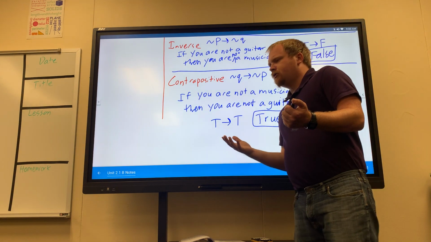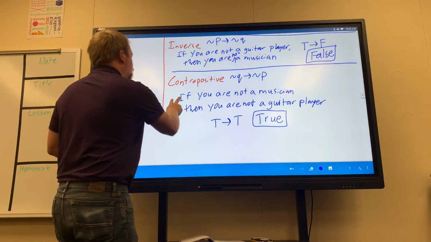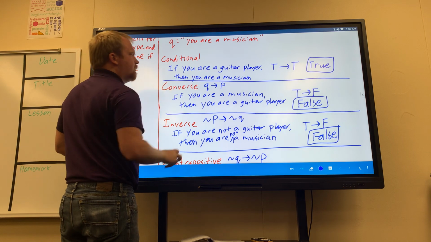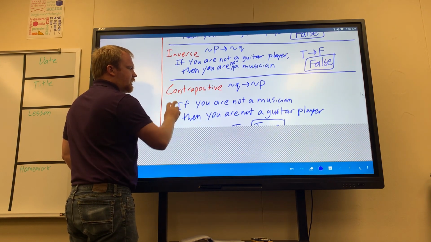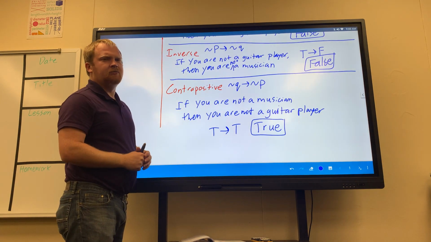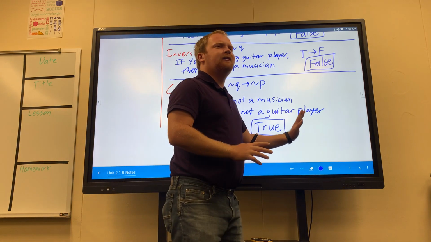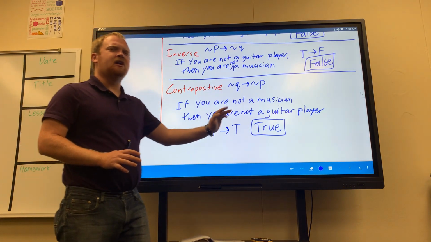So really, the big focus I want y'all to have is to be able to rewrite the conditional statement, the converse, the inverse, and the contrapositive of that statement. That's really the big focus. I'm just throwing in a little practice for y'all when it comes to determining if the statement is true or not.